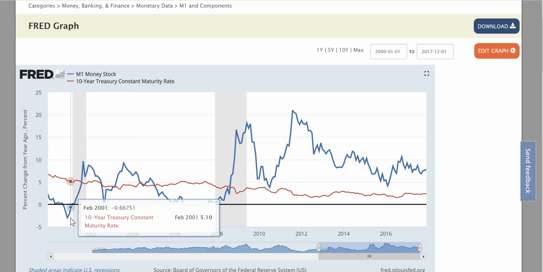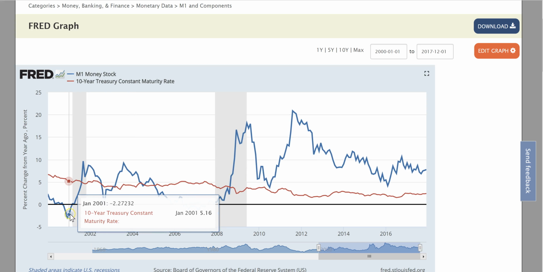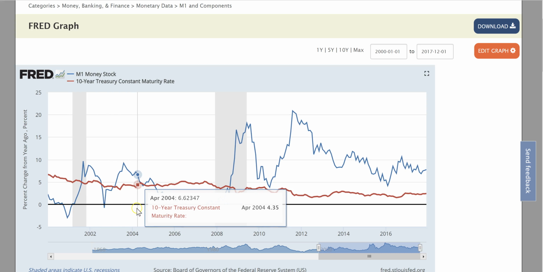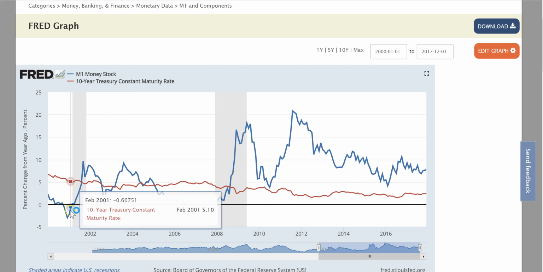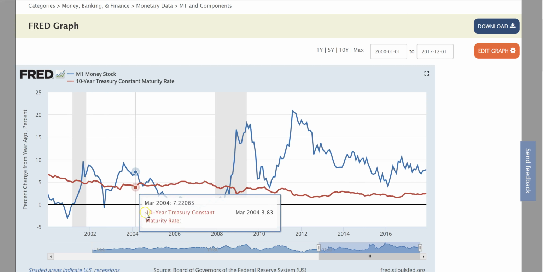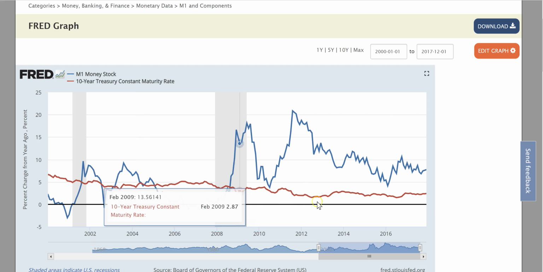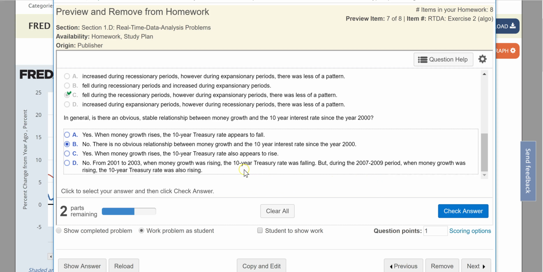You can see that from January, the 10-year treasury rate is 5.16, and until the end of December 2003, that's 4.24. So it went down. The 10-year treasury rate was falling, so that's correct. Actually, this first part is correct.